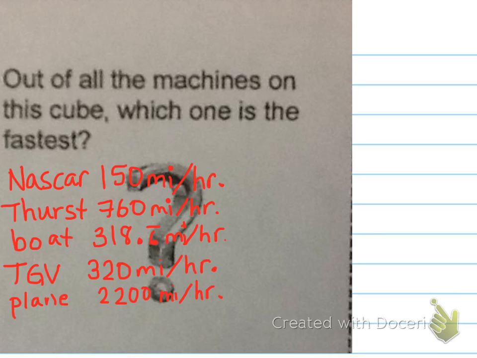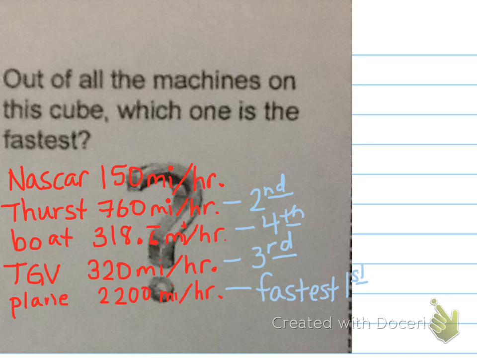So obviously here, the plane is the fastest, so it's first. Next is the Thrust, then the train, then the boat, then the NASCAR.